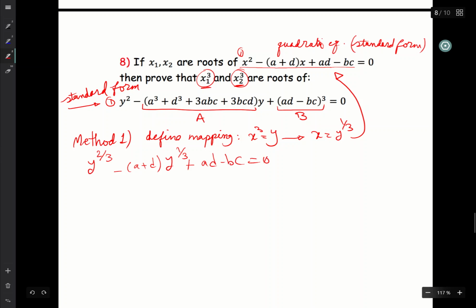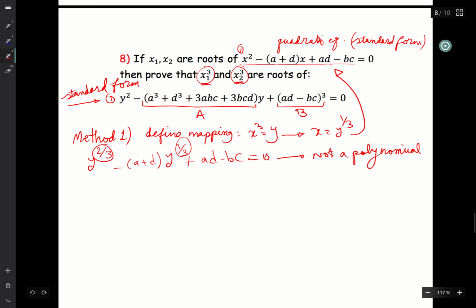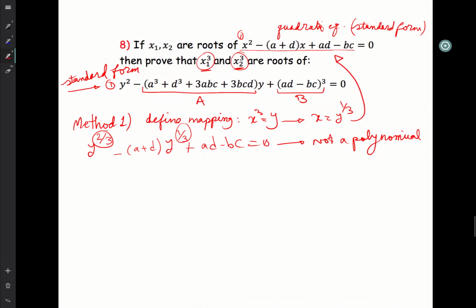But then the problem is that this is not a polynomial, right? Not a polynomial, because the power of y is not an integer number, right? But what can we do here? We know that if we take this term and raise it to the third power, we get y squared.